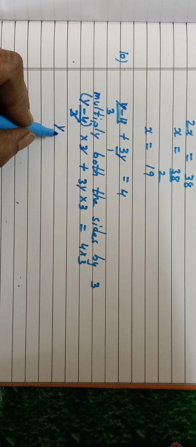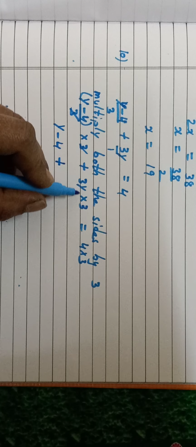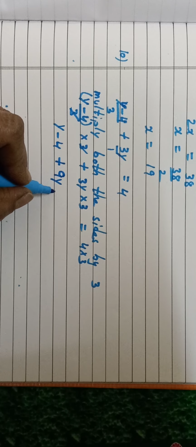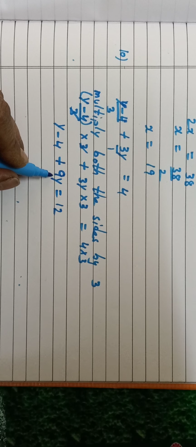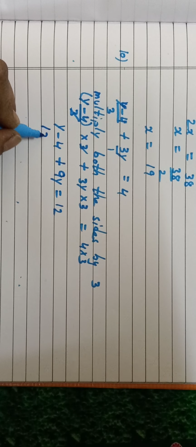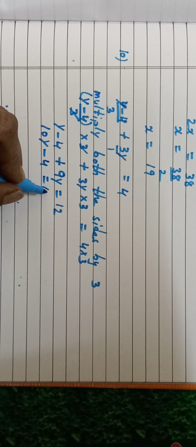And I will have y minus 4 plus 3y into 3 will be 3 3s are 9. I'll get 9y is equal to 12. Now y plus 9y. You can add here 1y plus 9y will be 10y minus 4 is equal to 12.